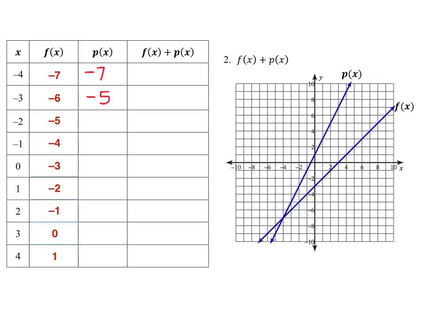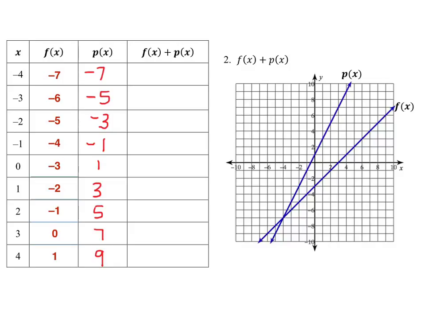When x equals -2, y equals -3, and then -1, and then 1, 3, 5, 7, 9. So these numbers that I wrote down are the y values on p of x for the different x values.